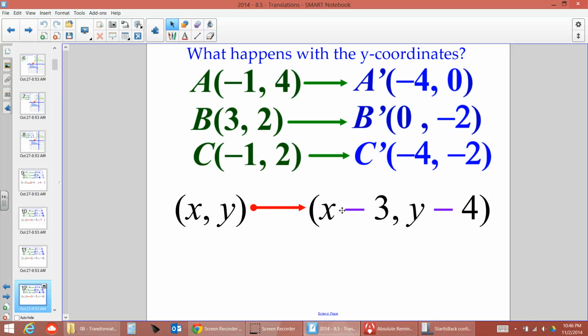And there's our translation rule. And then here we have the original points and the new points. So I can either give it to you in pictures, like triangle ABC and triangle A prime, B prime, C prime, or I can give it to you as a rule and then make you draw the pictures.